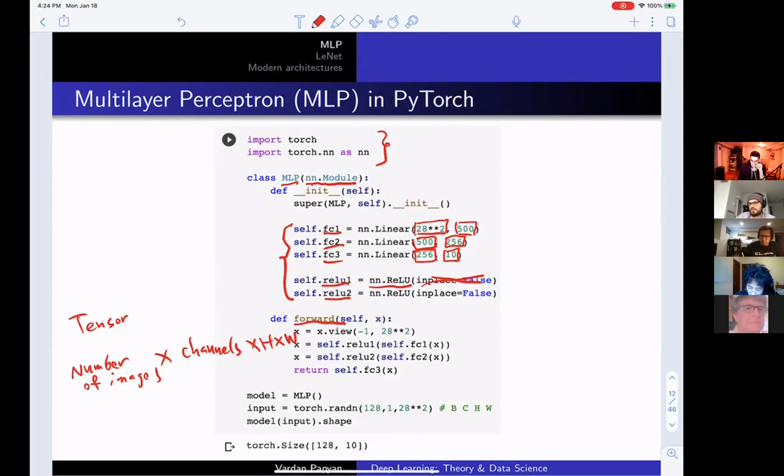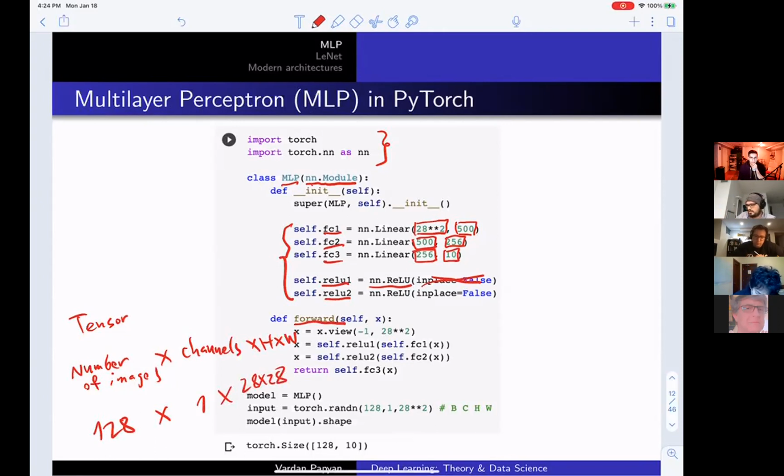Imagine we're looking currently at 128 images from different classes. And imagine that we have images which are grayscale, so images which don't have color. So we have one channel. And imagine that all the images are of size 28 by 28, okay?